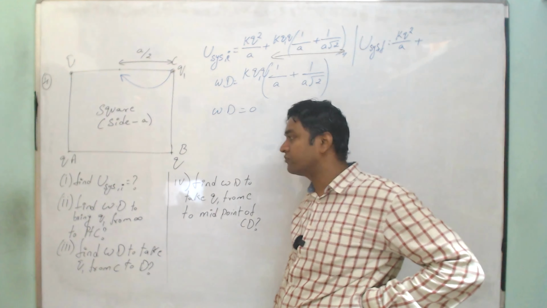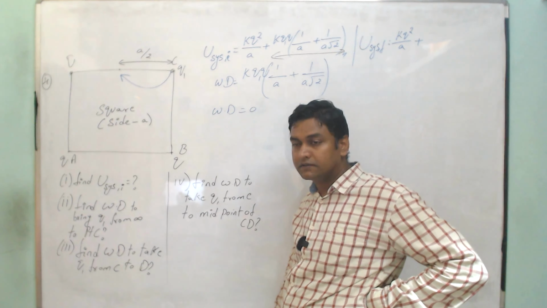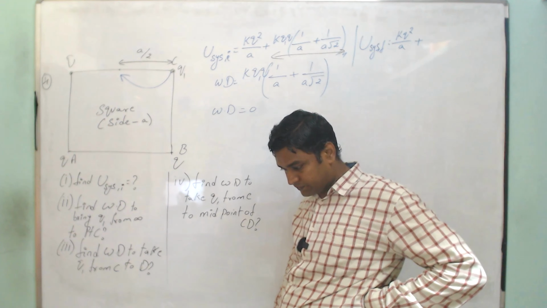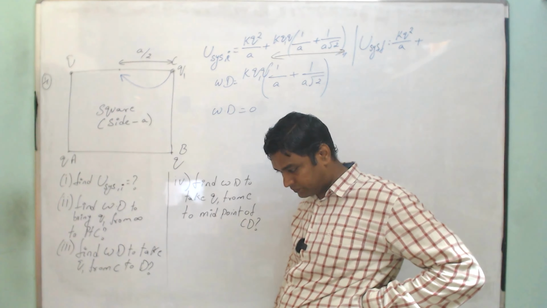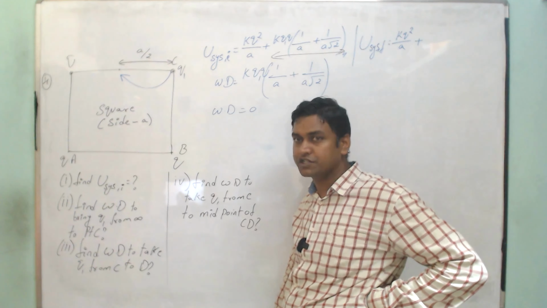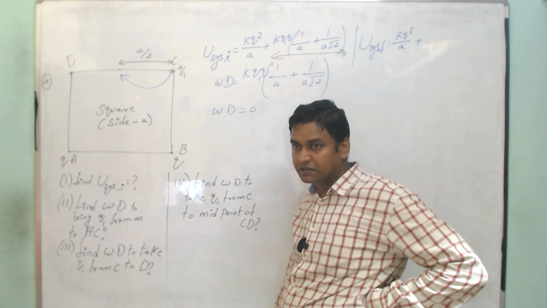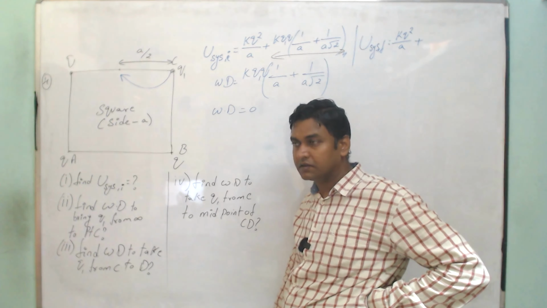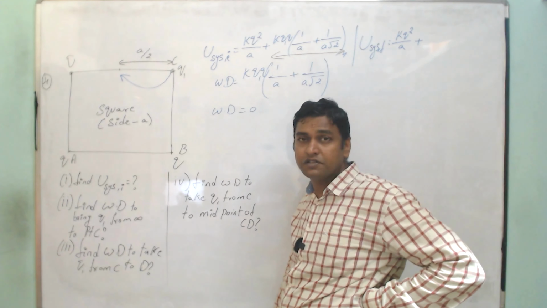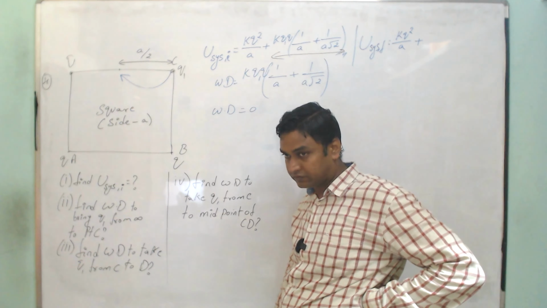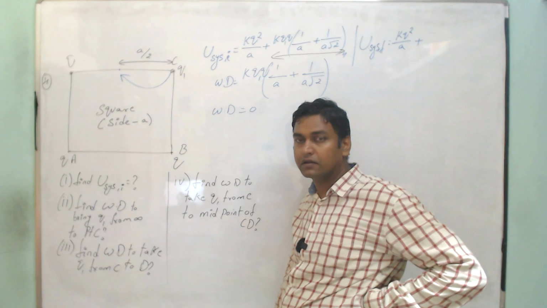Potential energy from bringing Q1 from infinity to C. We can say change in potential energy is that thing minus 0. It's nothing but the same thing. What is 0? The potential energy at infinity. That's why work done is this one.